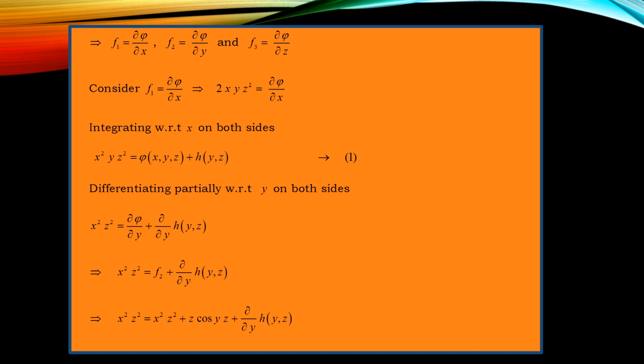Now, to find out the scalar point function phi, we consider the first equation f1 equals ∂phi/∂x. In this equation, we substitute the value of the first component function f1 on the left hand side. Then this equation becomes 2xyz² equals ∂phi/∂x.